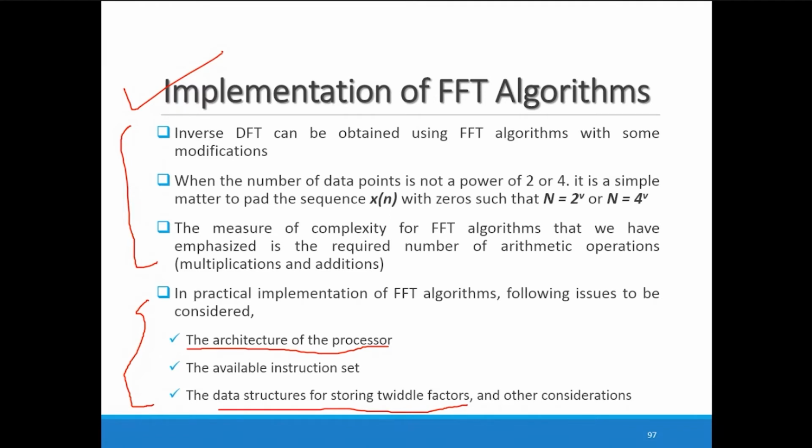The simple meaning of in place computation is this. When we apply the butterfly computation, our input points are small a and small b. After applying the butterfly computation, I get capital A and capital B as outputs. Now for the next stage, I don't require small a and small b.